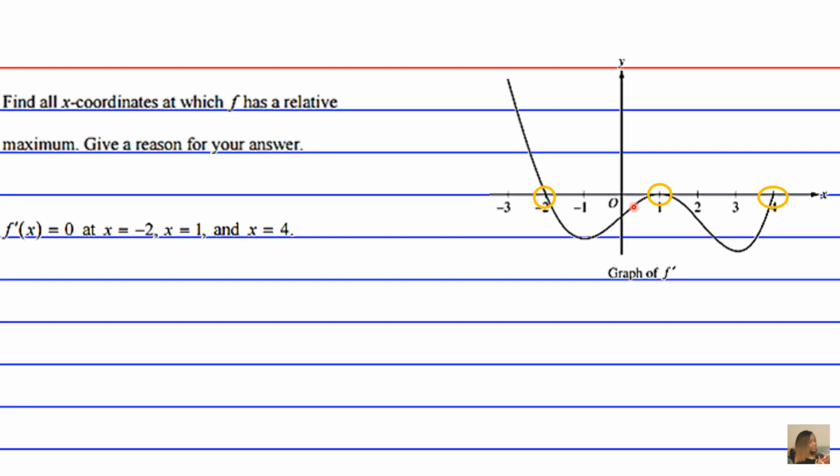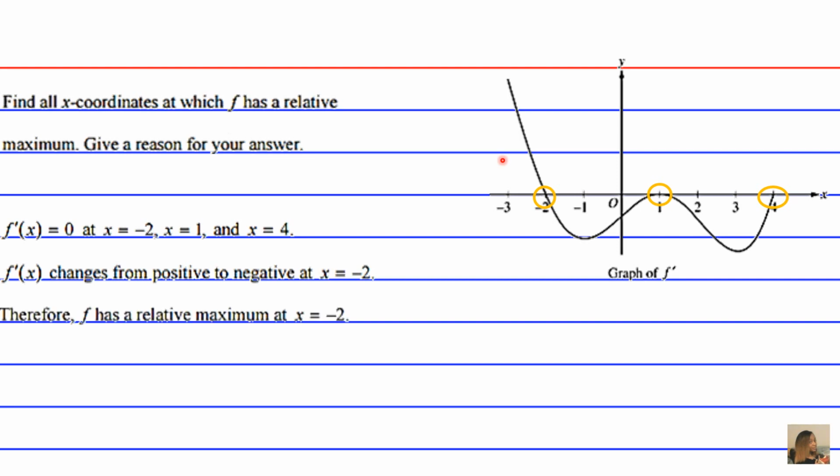And then we have to apply the first derivative test, okay? And that is basically going to tell us whether or not we have a relative maximum. So in an application of the first derivative test, f prime changes from positive to negative at x equals -2.